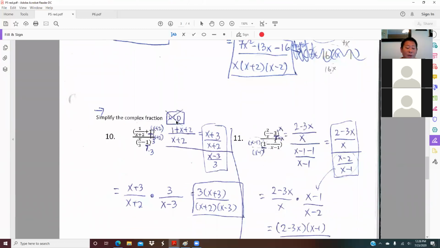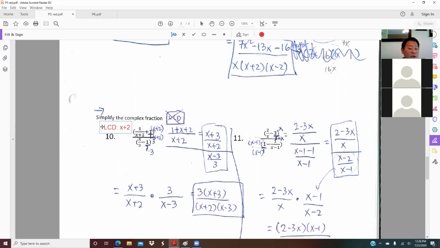So for example, question 10. This is what we call a complex fraction. So how do we simplify the complex fraction? First figure out what the LCD is for the top one. The LCD for the top one in this case is x plus 2.